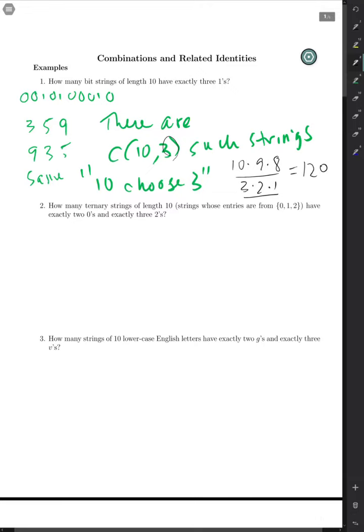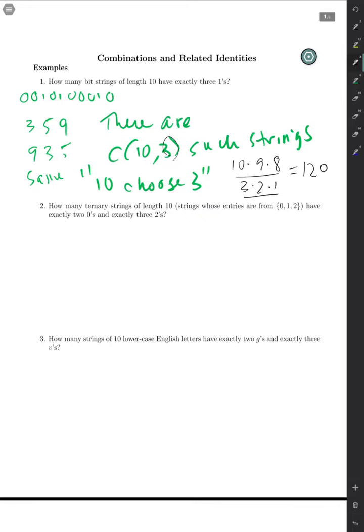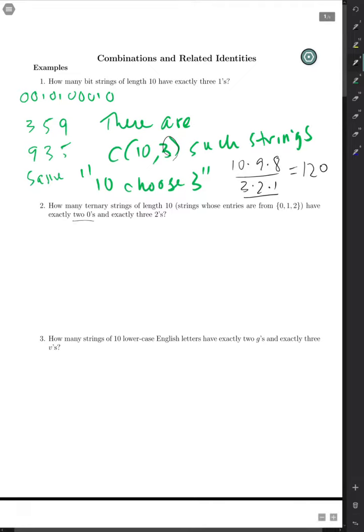Right, so let's try another one that's kind of related. How many ternary strings of length 10 have exactly 2 zeros and 3 twos? Now, ternary is from 3, so there are 3 different entries that can be in the ternary string: 0, 1, and 2.